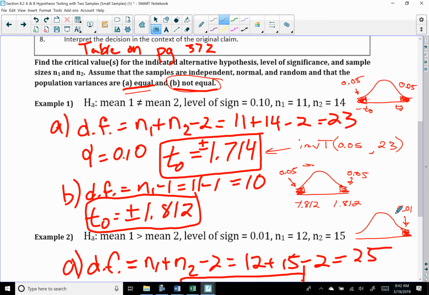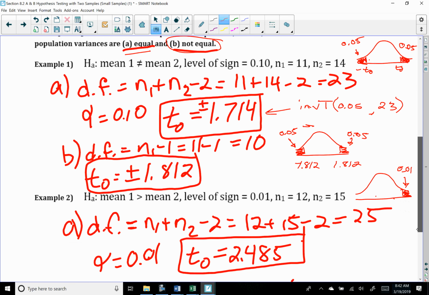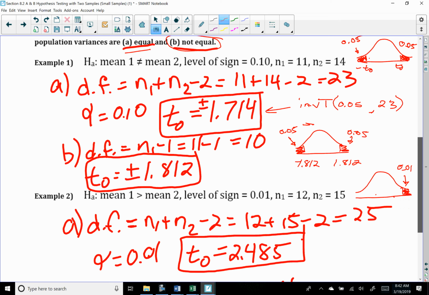What would I plug in? 0.99, right? I would have to plug in whatever this area is to the left. So inverse t, I'd plug in 0.99, degree of freedom of 25, and what I should get is a critical value of 2.485. Right?